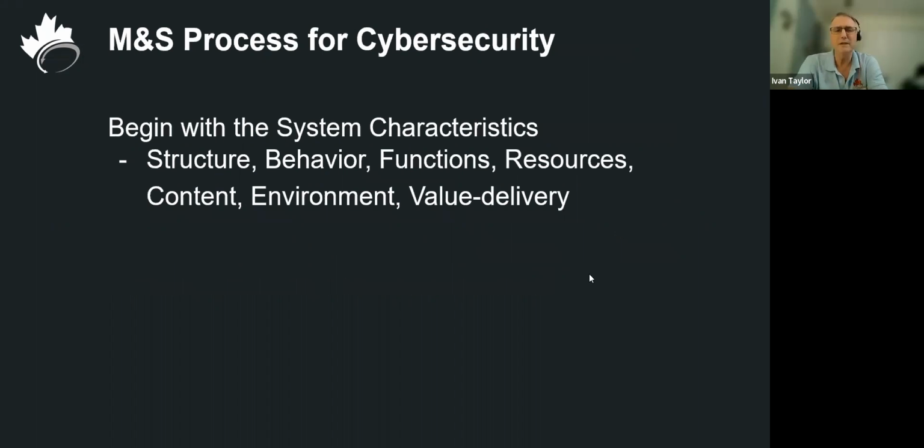Now I'm going to get into the process that we use in modeling and simulation for cybersecurity. We believe that you should begin with the system characteristics, and when we talk about the system characteristics, we mean looking at the structure, behavior, functions, resources, and content of the system and the environment that the system is in. And we want to focus on the value delivery, that is the products produced by the system and how they produce value for stakeholders.